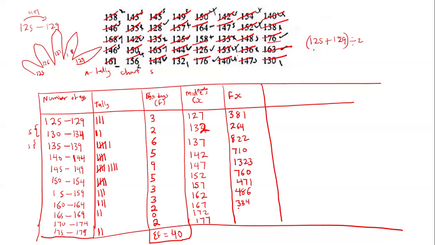Then 177 times 2, giving us 354. Okay. Can you get the total?